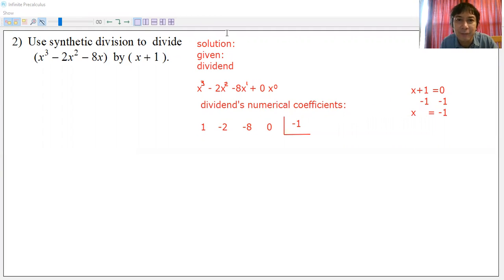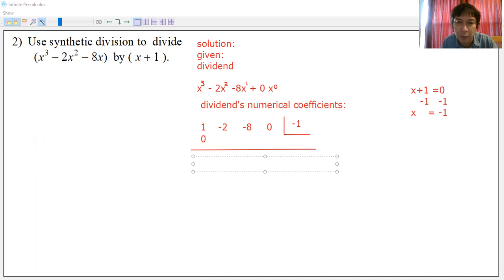So this is -1 there. And then we put a line here. And you can take this as a 0 over here below the 1. There's a 0 there like that. That's the first number. Now the first step is to add the 1 and the 0, and you will have the sum right here below the line.